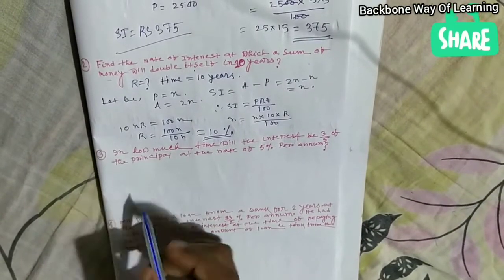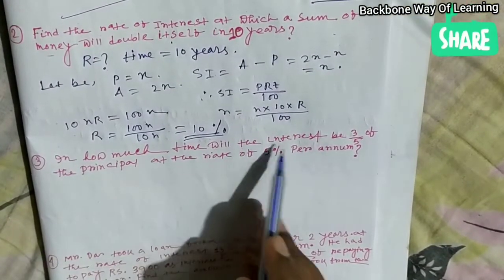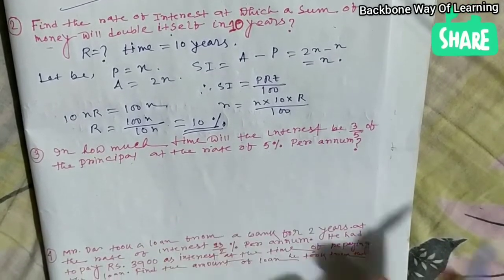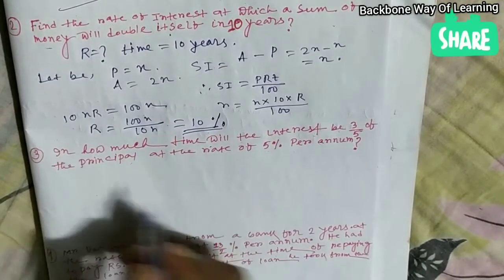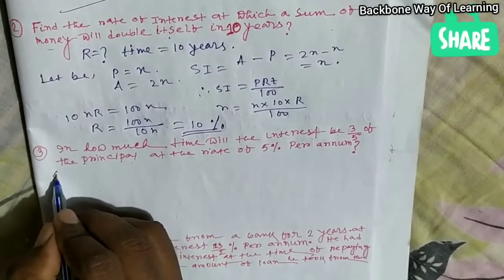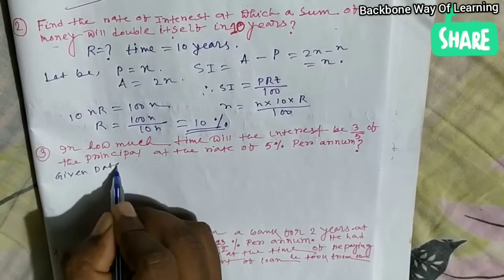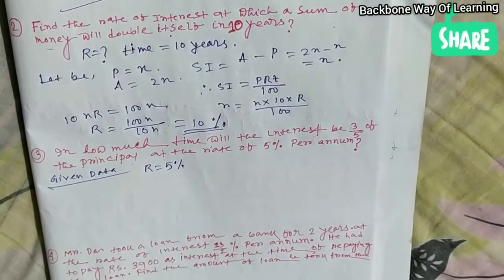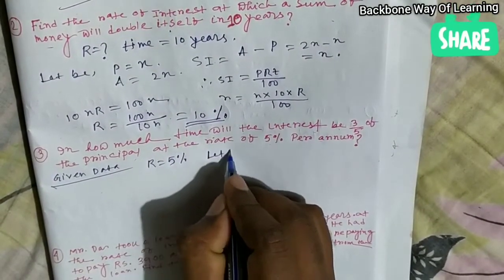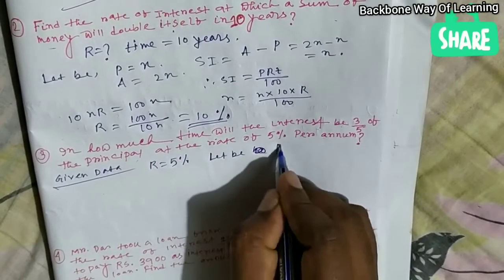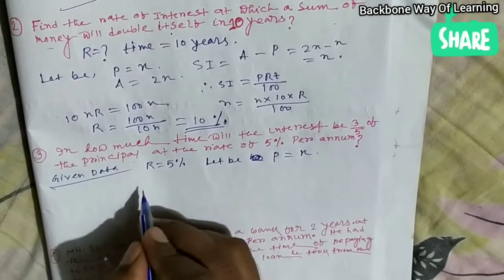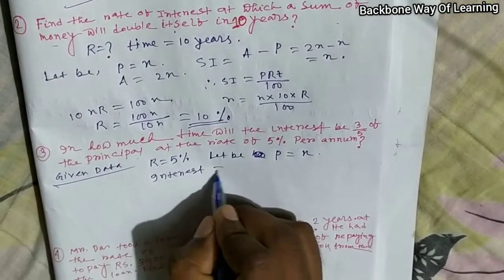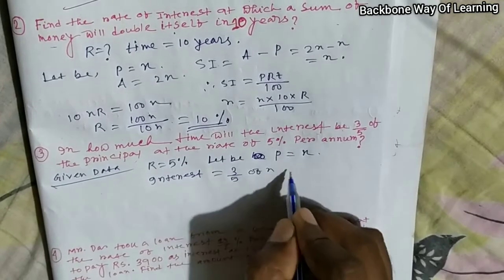Question number 3. In how much time will the interest be 3 by 5 of the principal at the rate of 5% per annum? Given data, R is equal to 5%. Let principal P be equal to x. Interest is equal to 3 by 5 of x, which is 3x by 5.